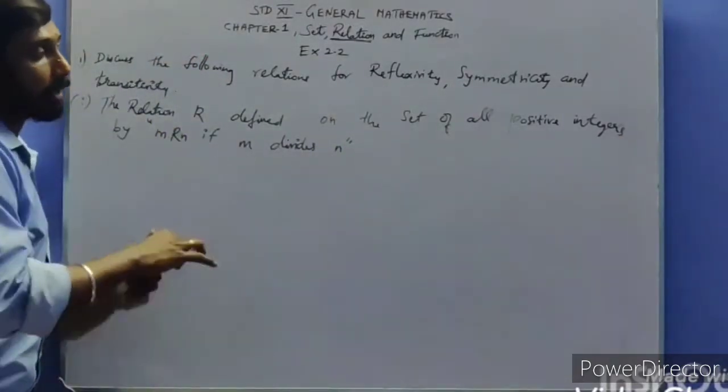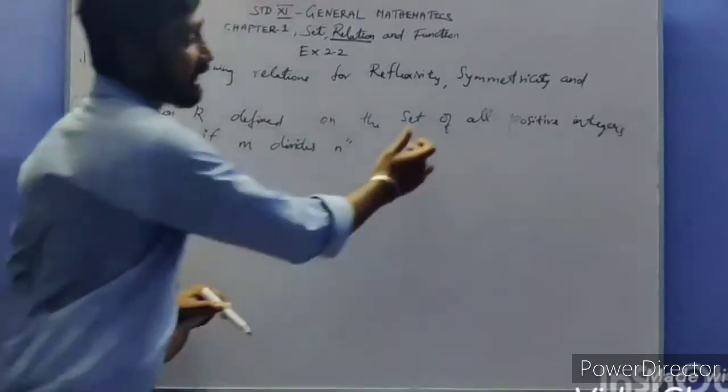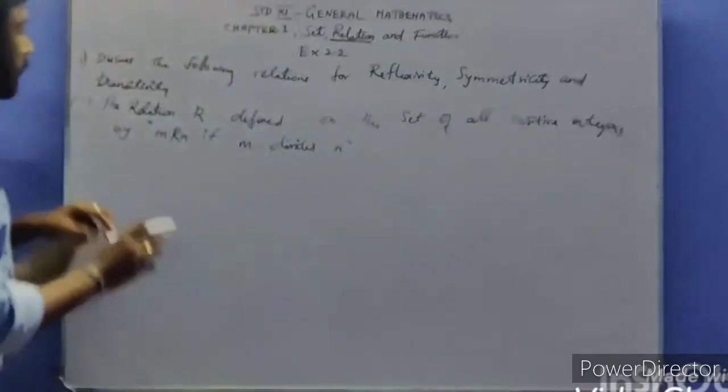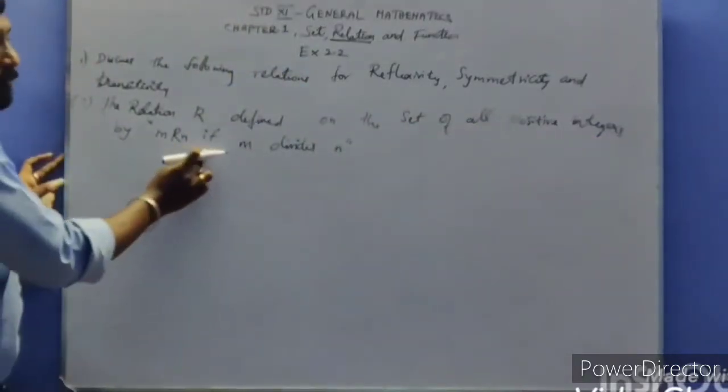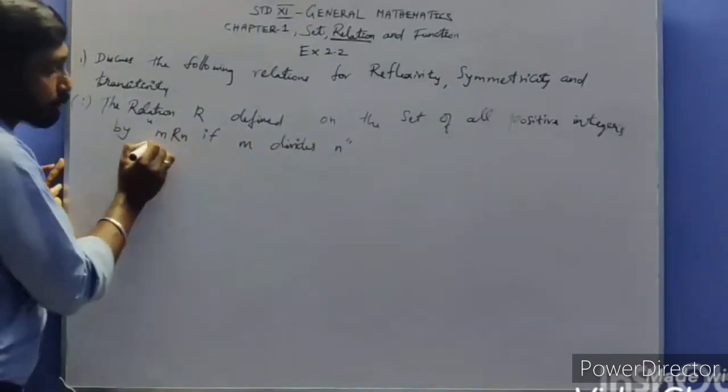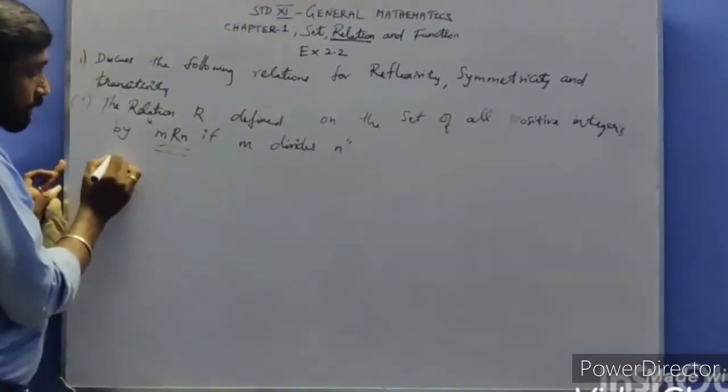The relation R defined on the set of all positive integers by m is related to n if m divides n. This one is a relation.